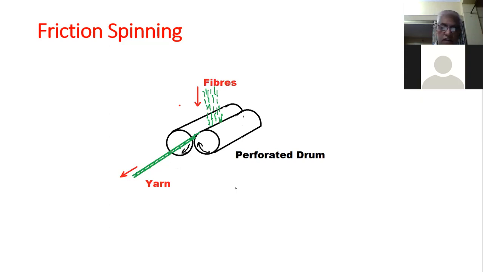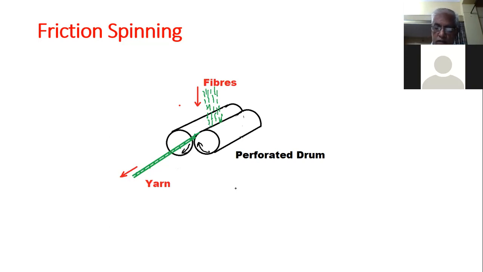But what are the disadvantages? The disadvantages are very low yarn strength, and there is a snarling tendency in the yarn also. That is very high. Snarling tendency is that when the yarn is allowed to hang freely in the atmosphere, it curls around itself if one end is left free.